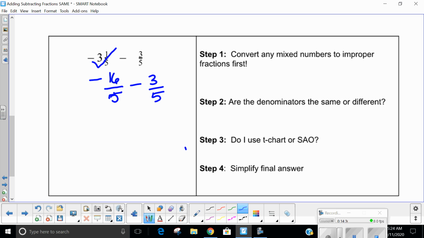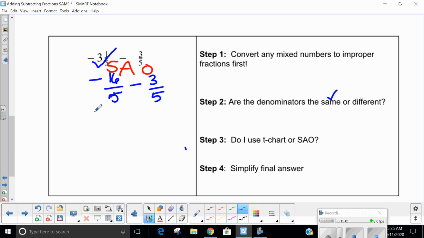Okay, so now we want to check. Are the denominators the same? And in this case, they're the same, so that's good because that's the easiest. So then we want to figure out, do I use the T-chart or do I use SAO? In this case, we notice that this is subtraction, so we're going to use our SAO strategy, and I'm going to write SAO over each of the parts of the subtraction problem.